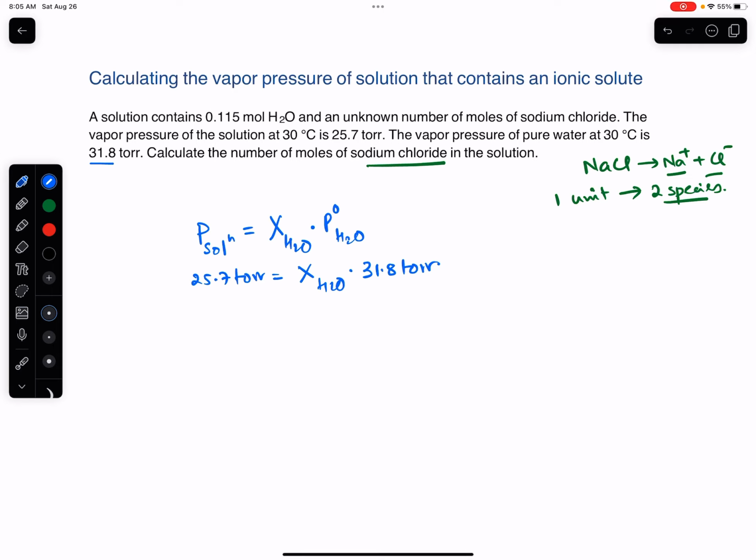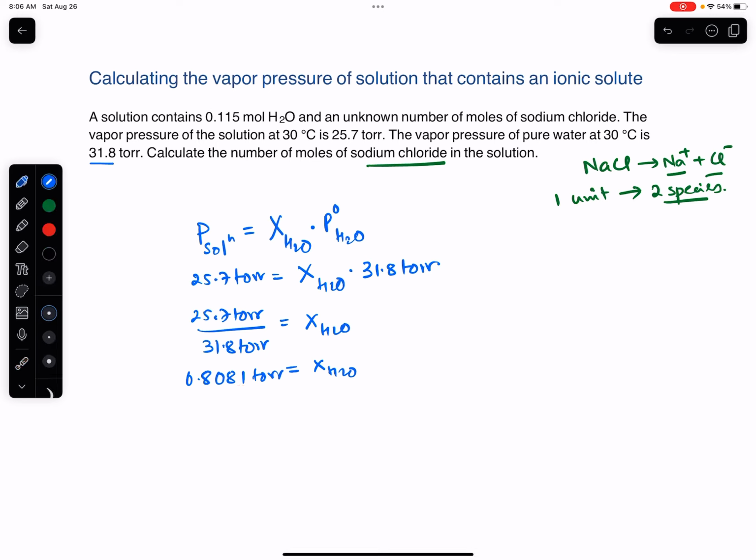If you solve for the mole fraction of water, you get 25.7 torr divided by 31.8 torr, which is equal to 0.8081. We're going to keep one additional digit because we're not rounding yet.